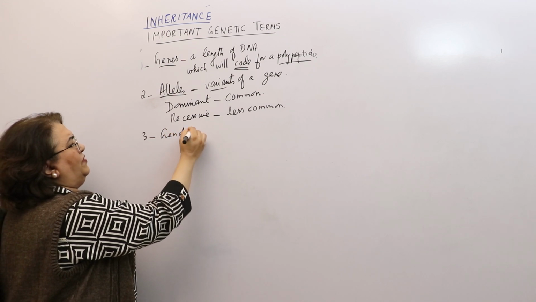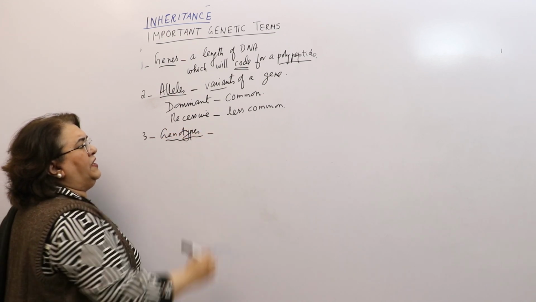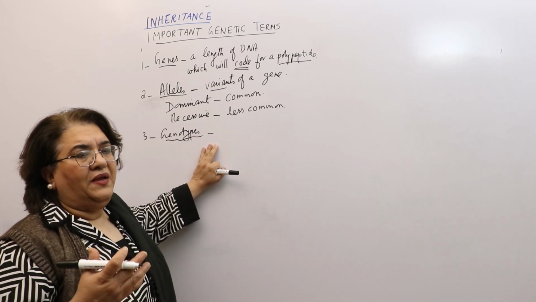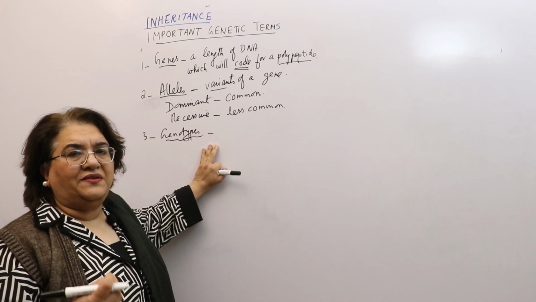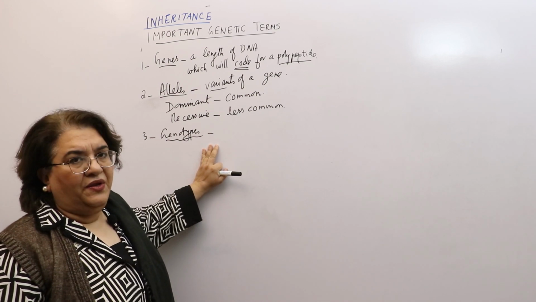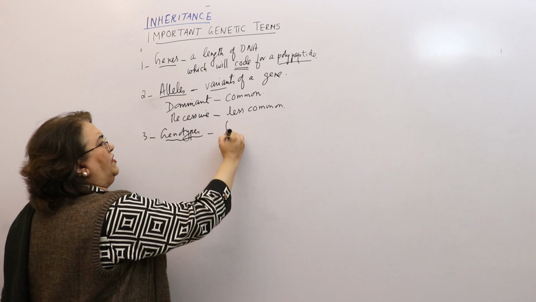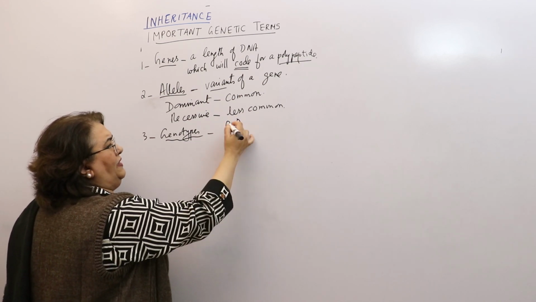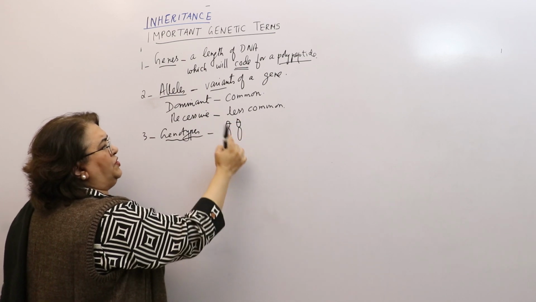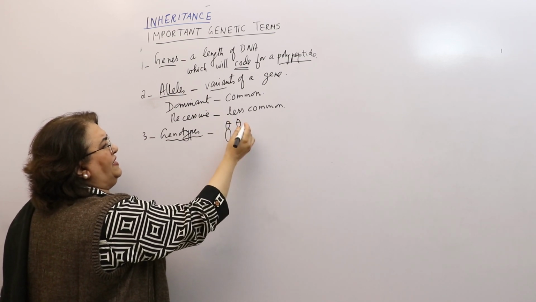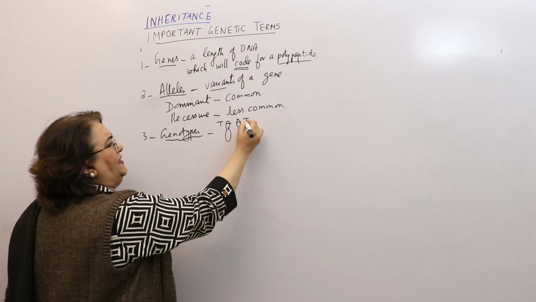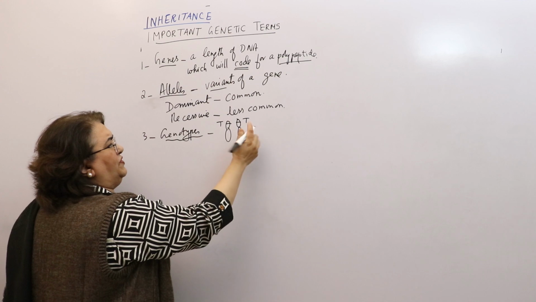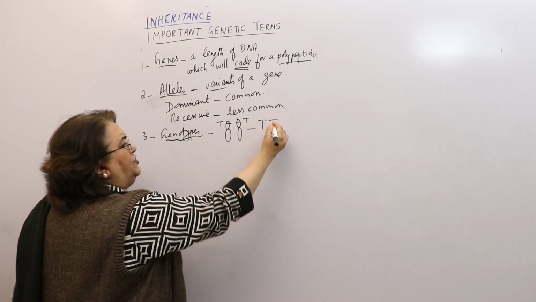Now, there are many terms which we can look at. Let's first of all have a look at genotypes. We always write alleles together, because we have a concept that there will be homologous chromosomes present in the cell, and the genes present on them, when we write them down together, for example capital T and capital T. So these are the 2 alleles and we write them together, and that becomes our genotype.